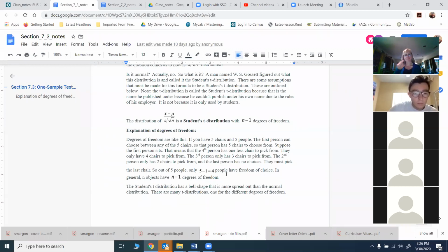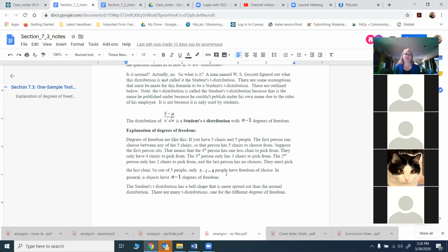So the last person has how many choices? 1. Really? Do they actually get to choose? None. They actually have no freedom of choice. So even though there were 5 people, only 4 of them had freedom of choice. The last one gets no choice. So you can think of degrees of freedom as that idea, that you lose one choice of freedom from how many you started with.